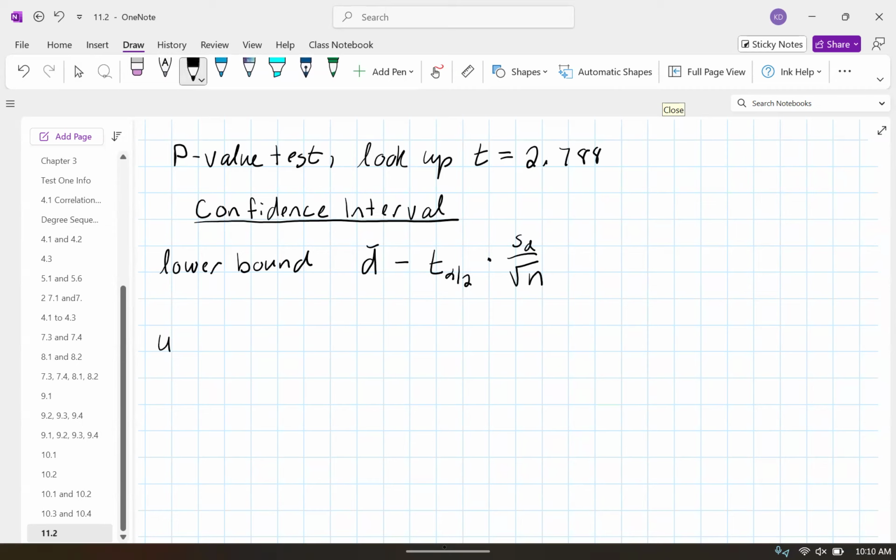Your upper bound is our d bar plus t alpha over 2 times standard deviation over root n. It's honestly like the same equation, but one's plus, one's minus. A thing to note, since our d is negative, our lower bound is going to look like we're going extra negative. So it's going to be smaller, but it's going to look weird. It happens.